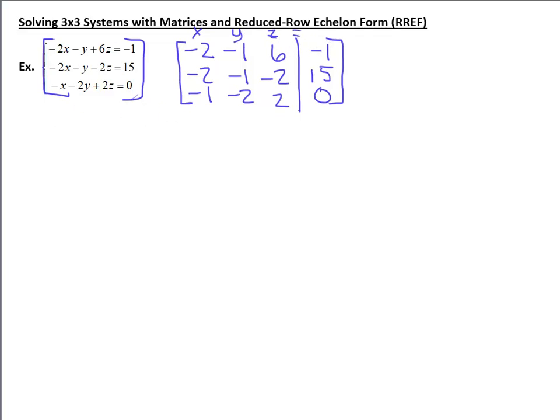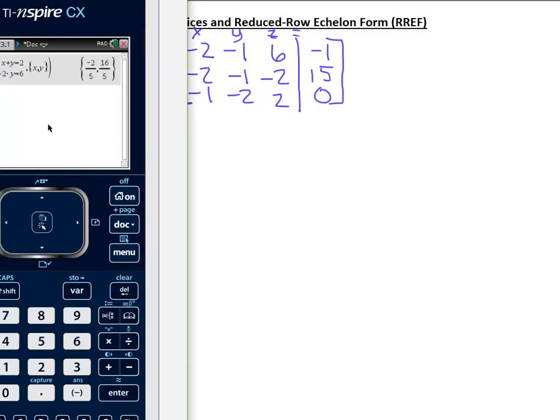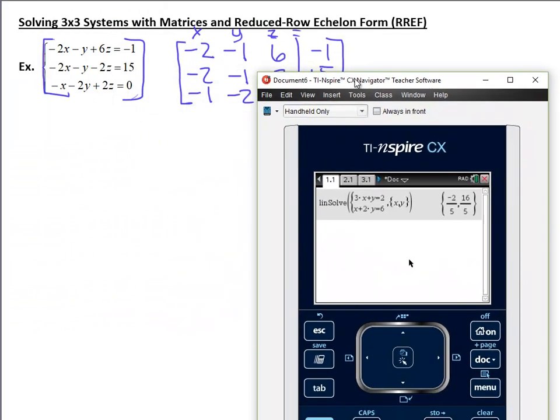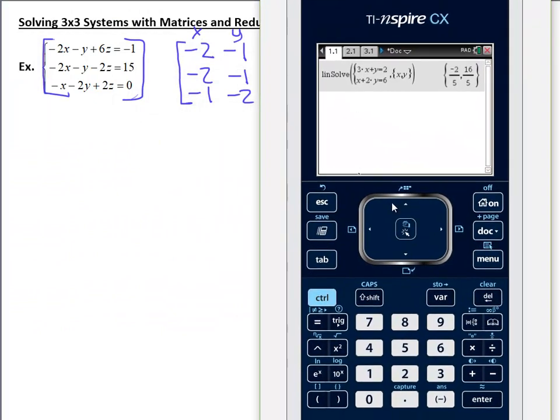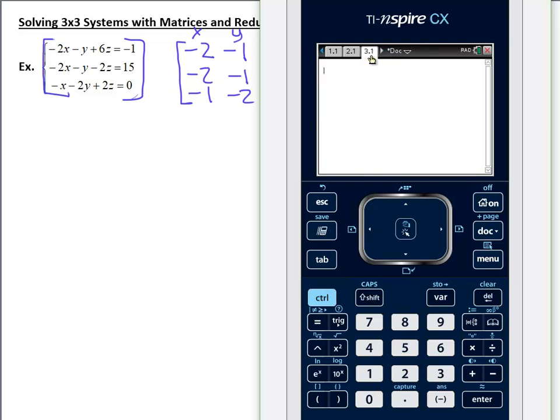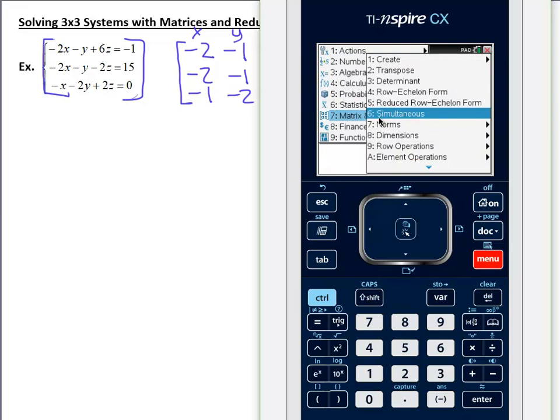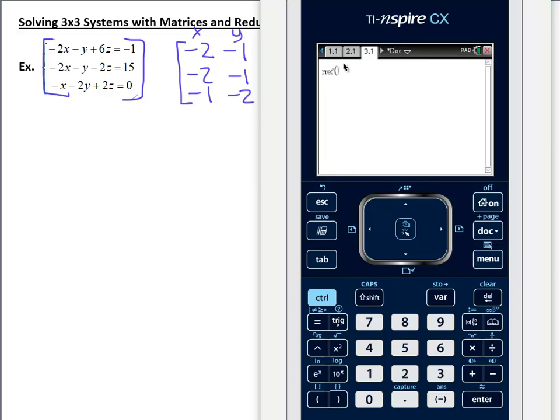All right, so here's how we can use our calculator. We did this once, I think, with one of our word problems. I'll try to find a good spot here. All right, so we'll go to a new calculator page, and we're going to do menu, matrix and vector, reduced row echelon form, RREF. And in fact, all that does is type RREF parentheses.